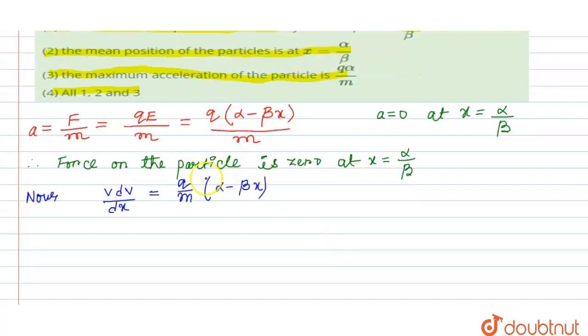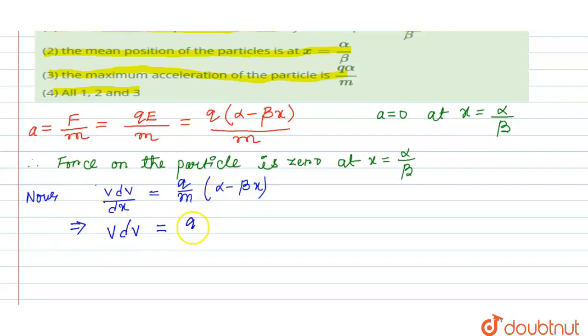So integrating on both sides, we have to multiply dx on this side.